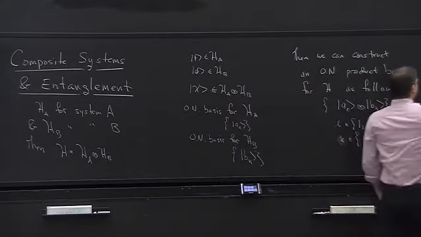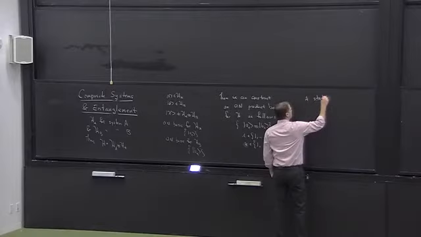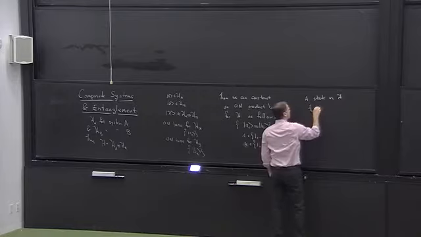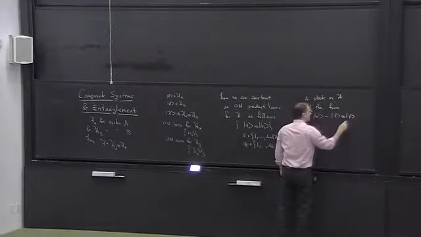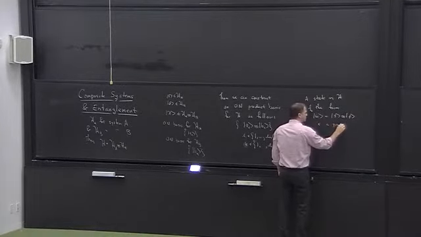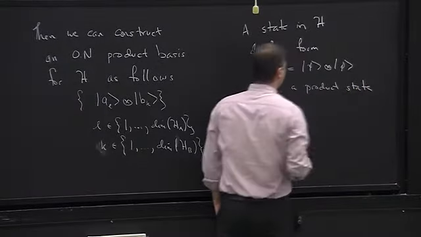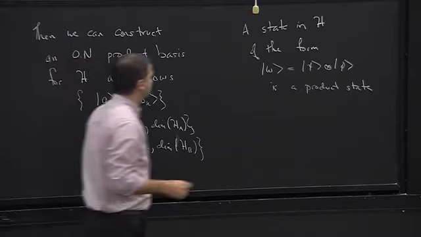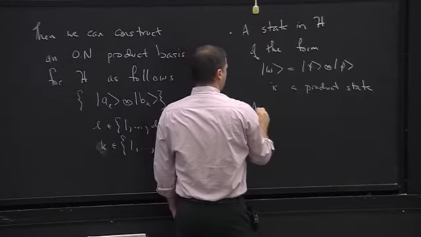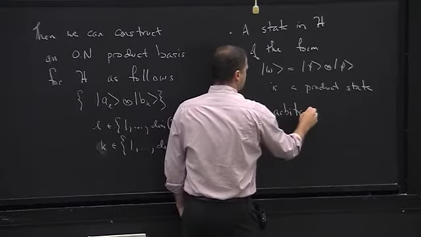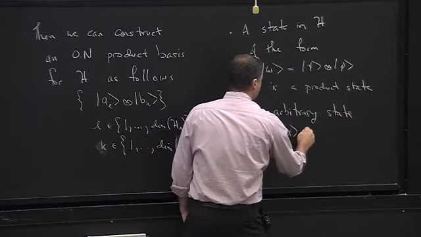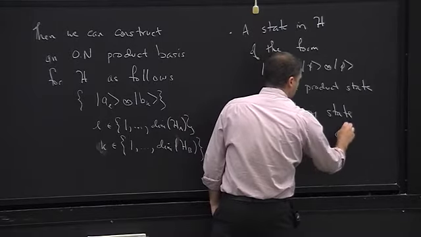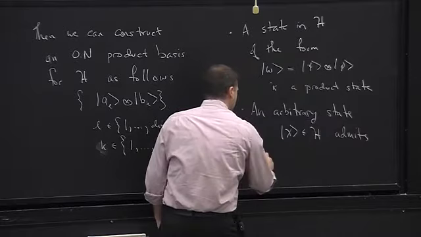Okay, and so a state in H of the form omega equal to psi cross phi is a product state, and an arbitrary state chi in H admits the following decomposition.